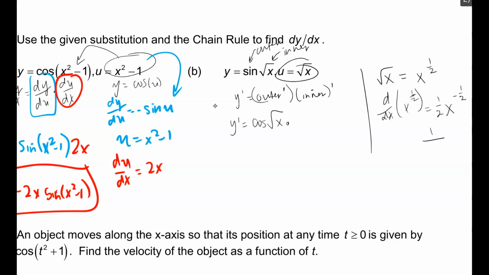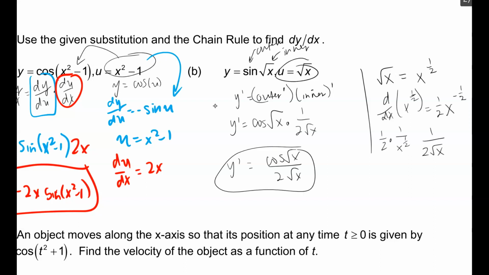So this is just 1 over 2 root x. Because x to the 1/2 is the square root. So this is times 1 over 2 root x. So y prime is going to be cosine of root x all over 2 root x.